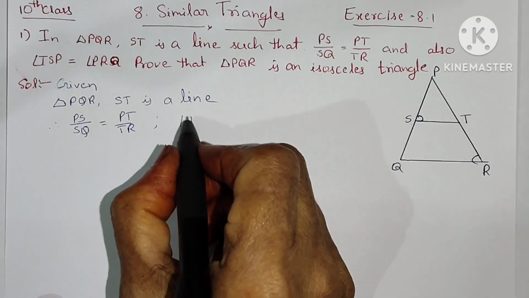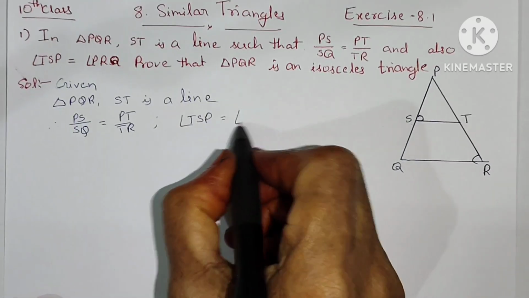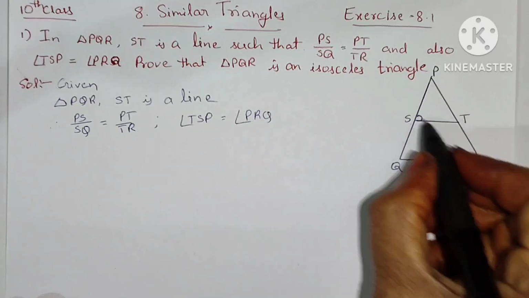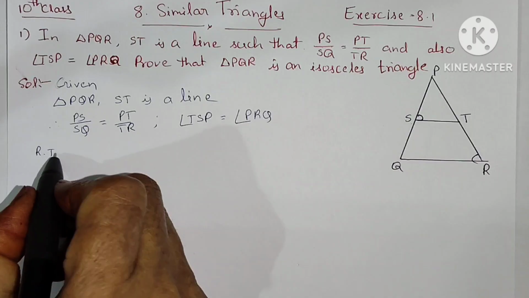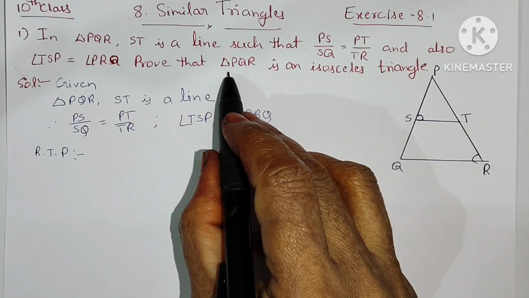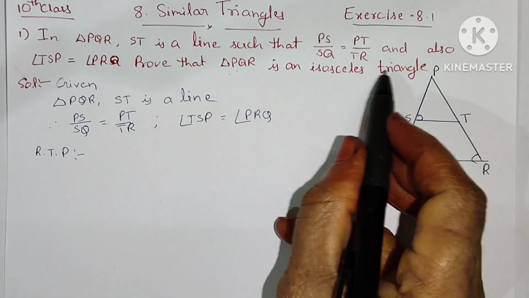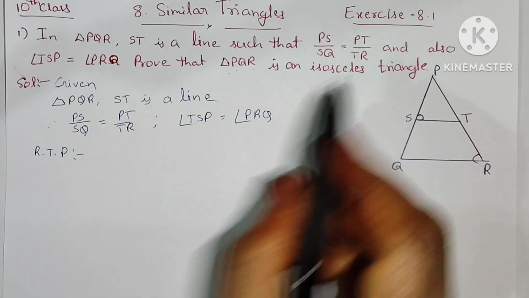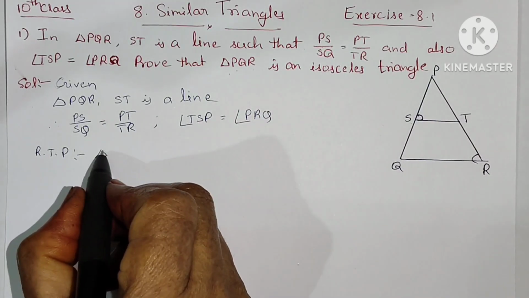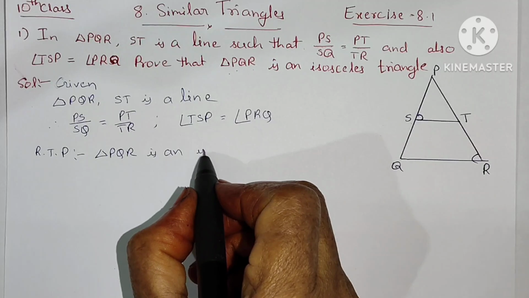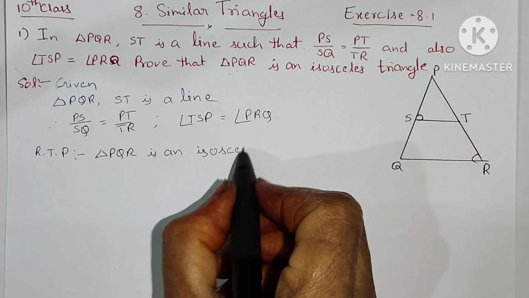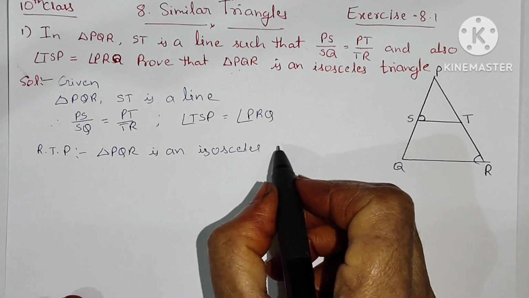Next, two angles are equal: angle TSP equals angle PRQ. We require to prove that triangle PQR is an isosceles triangle.